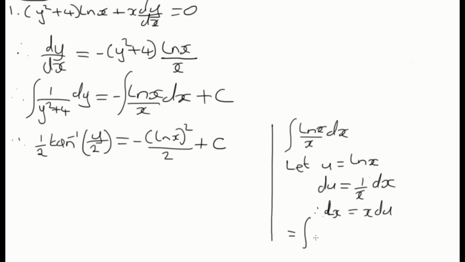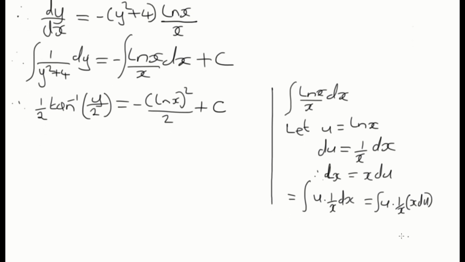This is equal to, therefore it's u times 1 over x dx, which then is equal to u times 1 over x. Let me just substitute. dx is x du. Right, we are moving slowly enough. Okay, so you can see then things are cancelling here. You can actually see that this 1 over x and the x will cancel each other.